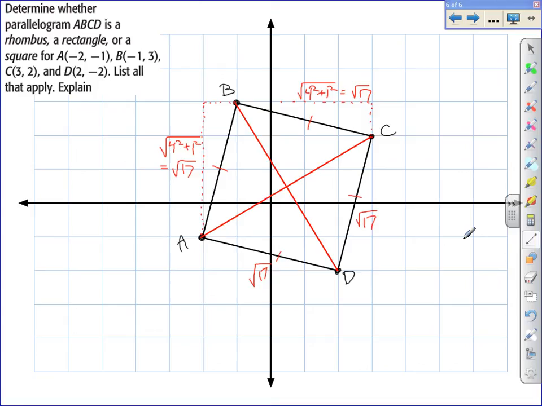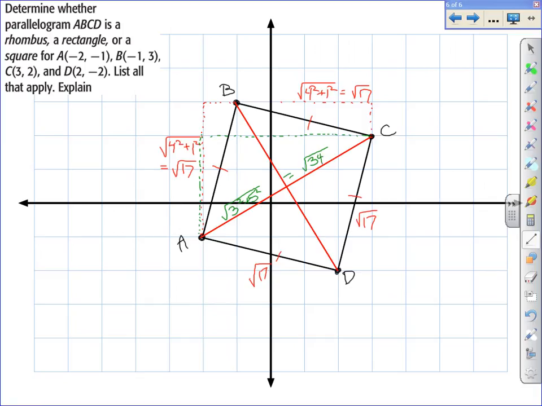I have a vertical distance of 1, 2, 3, and a horizontal distance of 1, 2, 3, 4, 5. So that is 3 squared plus 5 squared, which is 9 plus 25, square root of 34.